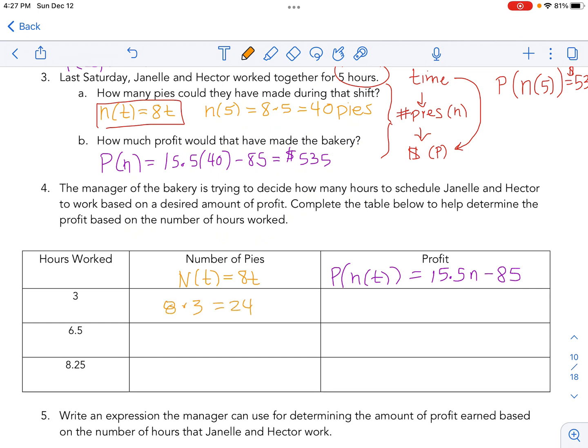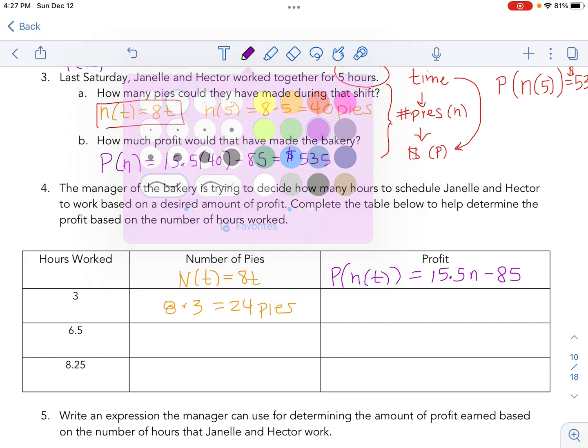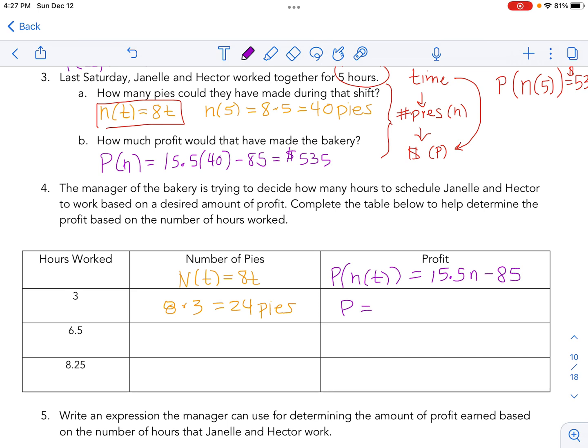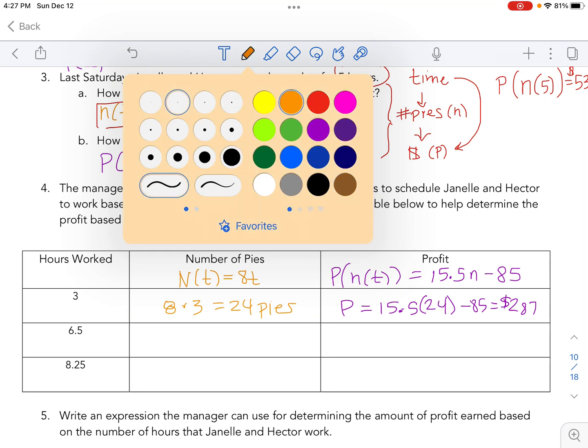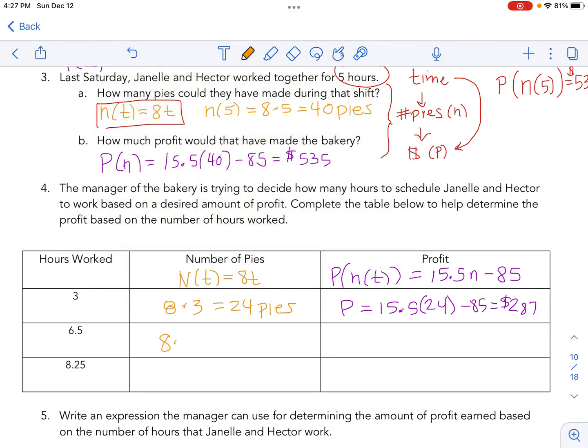Okay, so let's see, they work 3 hours. So if they work 3 hours, we've got 8 times 3, which is 24 pies. And then the profit is going to be 15.5 times that 24 minus 85, which is $287. Okay, how about if they work 6.5 hours?